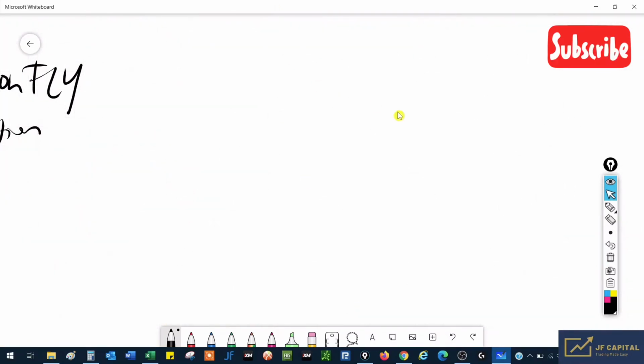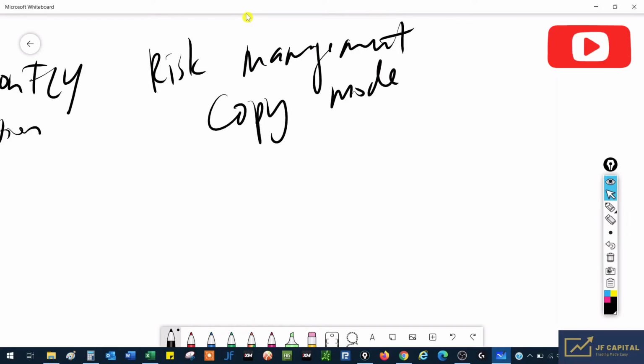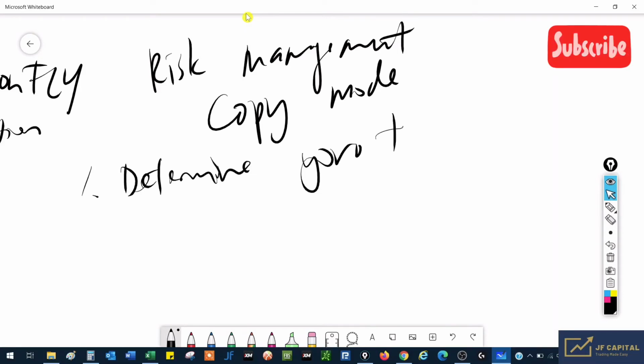Now what we call is risk management according to your copy subscription mode, copy mode. First thing, determine your total capital.